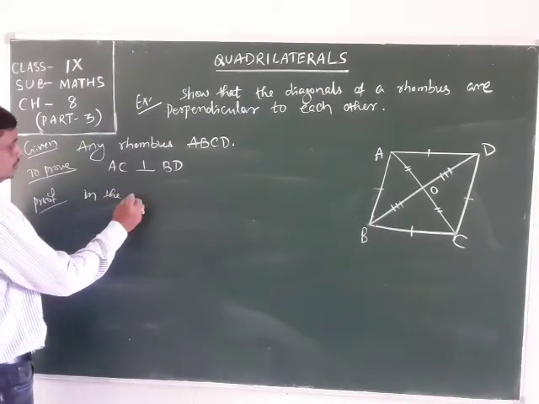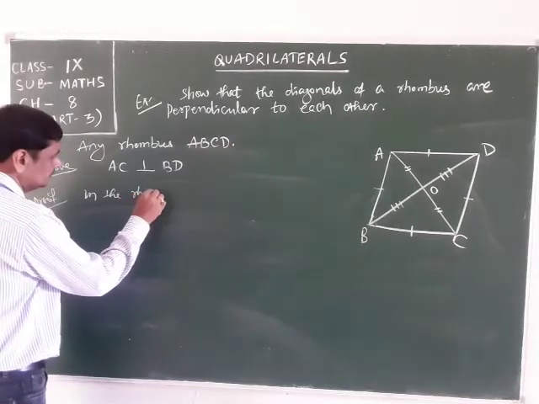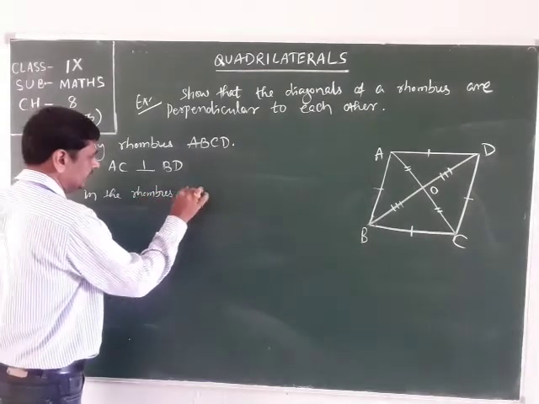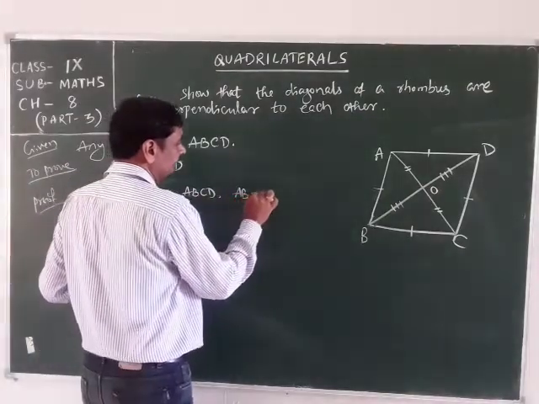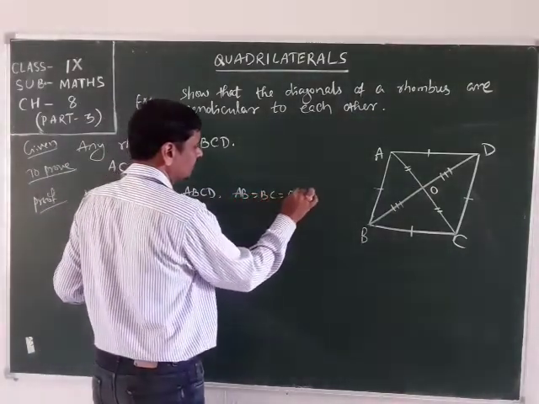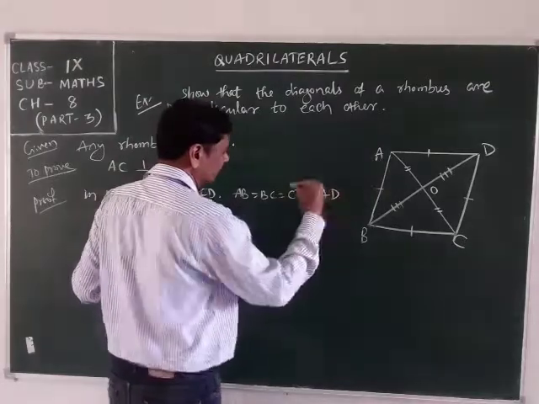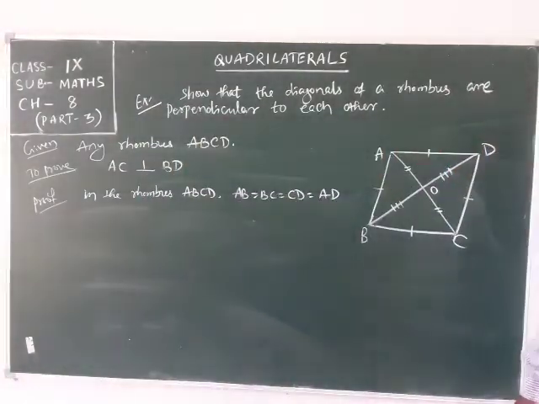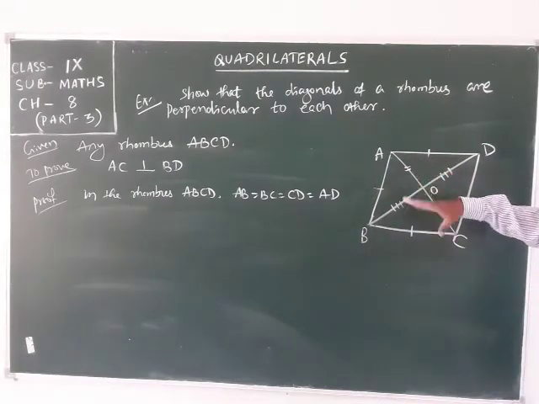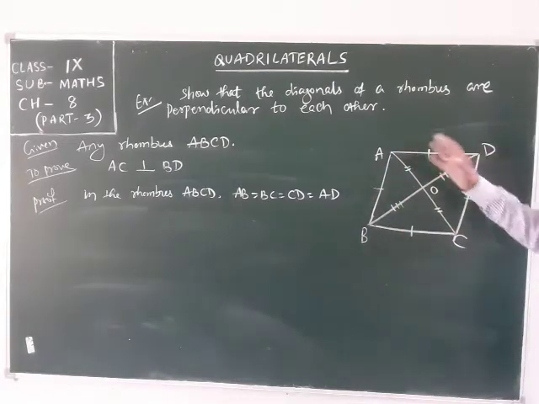In the rhombus ABCD, AB equals BC equals CD equals AD, according to the property of a rhombus: all sides are equal.